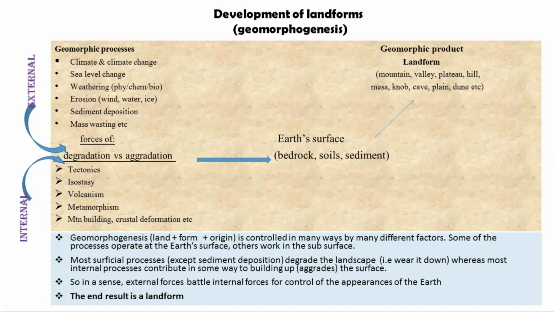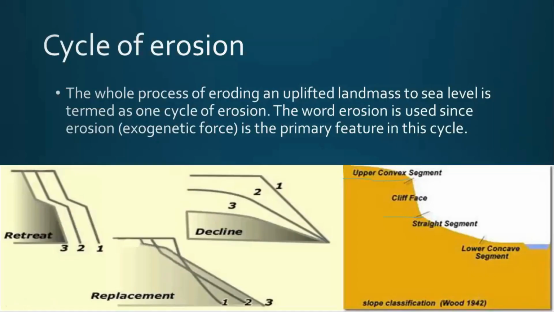So it is the battle between these forces of degradation versus aggradation which results in the nature of the Earth's surface, that is the bedrock, the soils, and the sediments. Now, the ultimate product is the landform, which may be in the form of a mountain, valley, plateau, hill, etc. So this is how the landform develops.